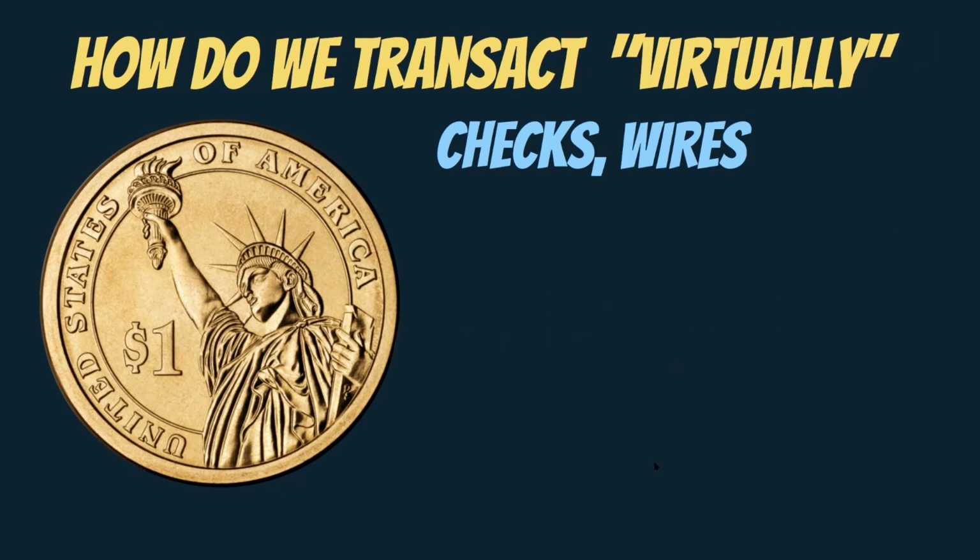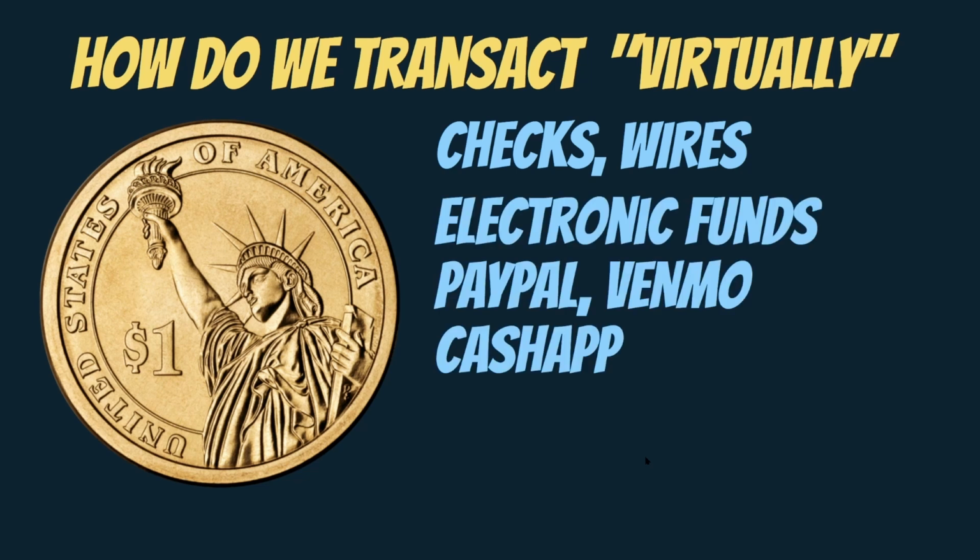But how do we also transact virtually in the real world right now? You write a check out on a piece of paper, you send it, and it is a form or method of payment, or you have wire transfers. You didn't actually send the money in an envelope, right?